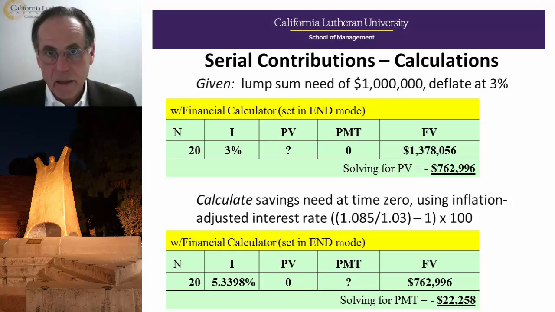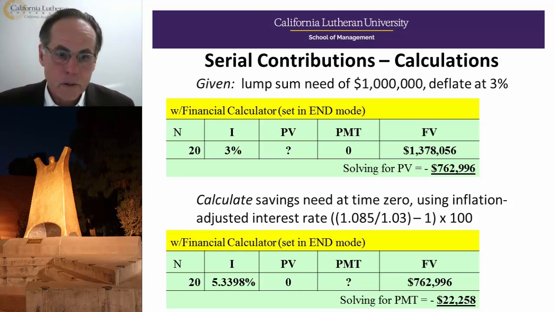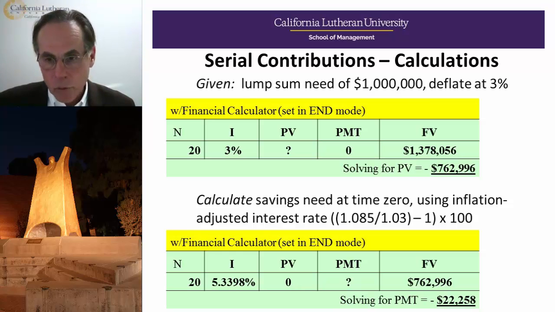So that's deflating the lump sum. We then calculate the payment that is needed based on the inflation-adjusted reinvestment rate. So we move the 762,996 as that future lump sum, so that becomes the FV.